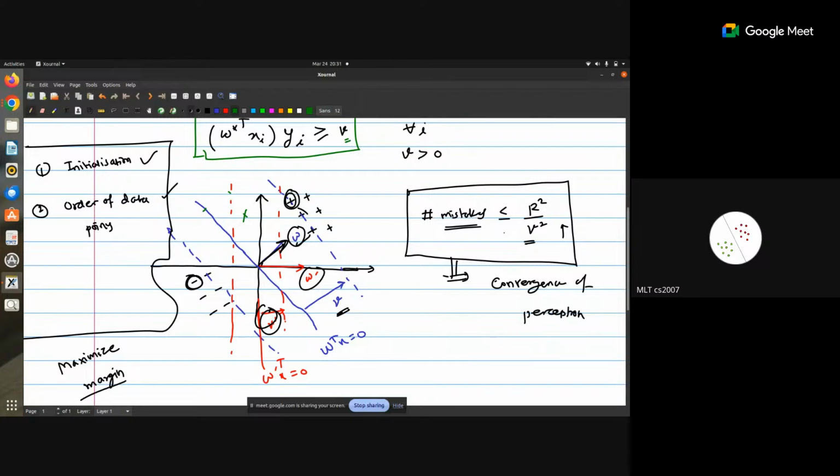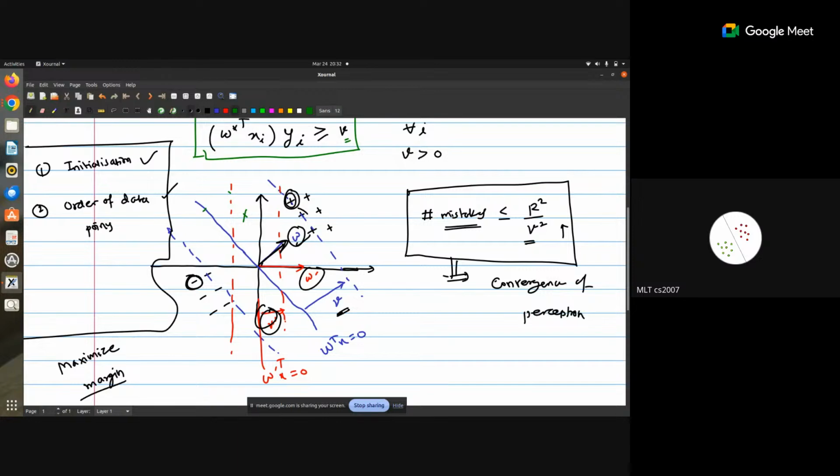In this case it is an upper bound, but that doesn't guarantee anything. Let's say the upper bound is 10 and you have reached the solution by the ninth iteration. Will that be your optimal solution?